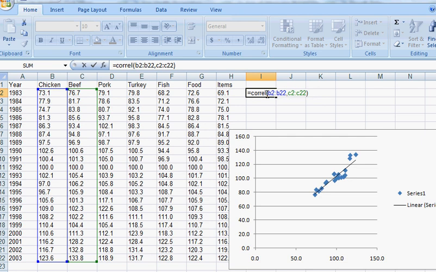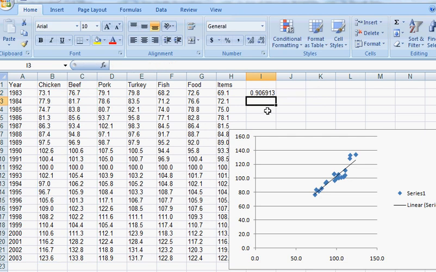Close brackets and enter. And we see that our R value is quite high, 0.906913. That's very close to 1, and is what we would expect. An almost perfect positive correlation. There's a plus sign, which means that as one increases, so does the other.